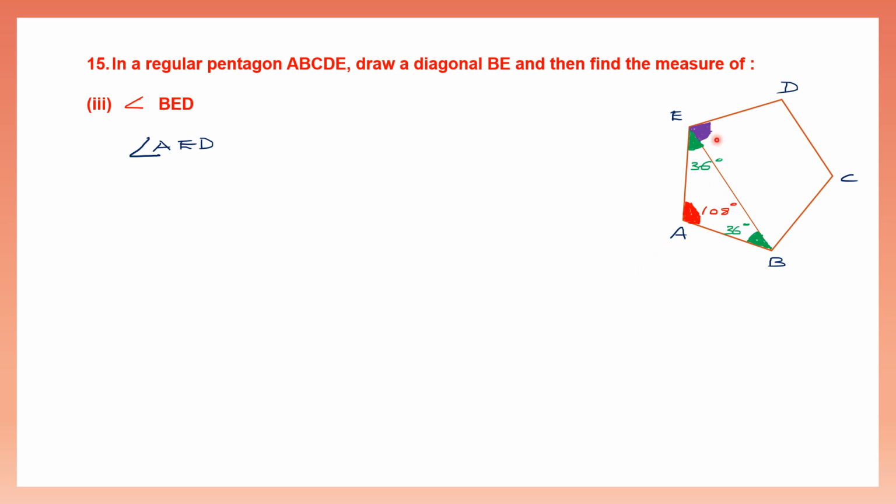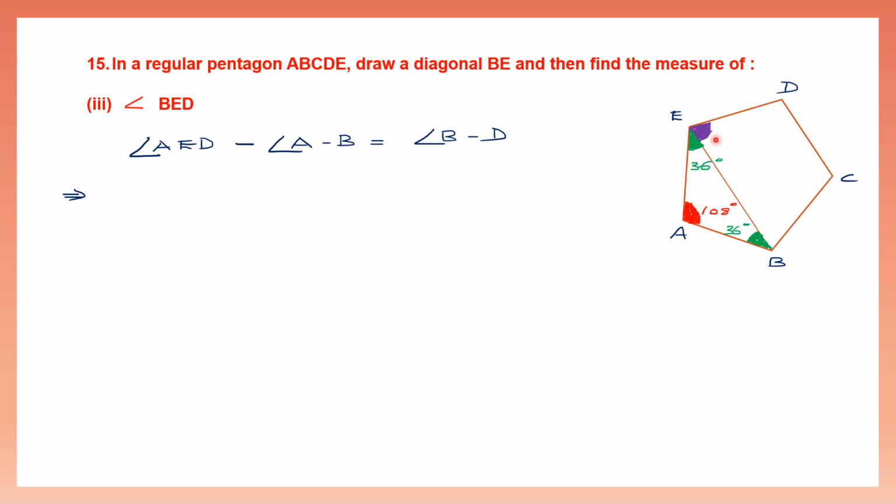Angle AED will be the whole angle, and we subtract only this green part, that is angle AEB, then we will get angle BED. So we already know the measurement here. How much is angle AED? Now angle AED is this whole thing, that is the purple and the green together, and all interior angles are equal.